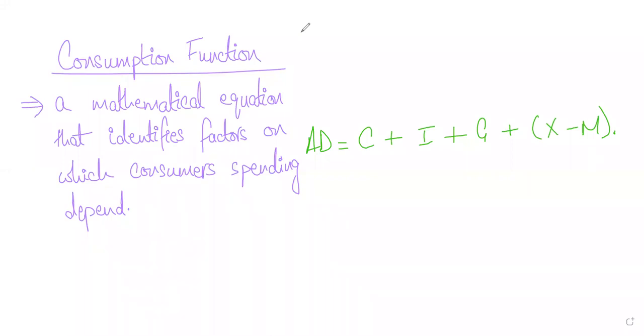Consumption function. No problem, let me explain. Students, we're doing the Keynesian cross, a model that predicts the GDP of a country. When we complete the concept, you will know how you can predict the value of the GDP of any country.